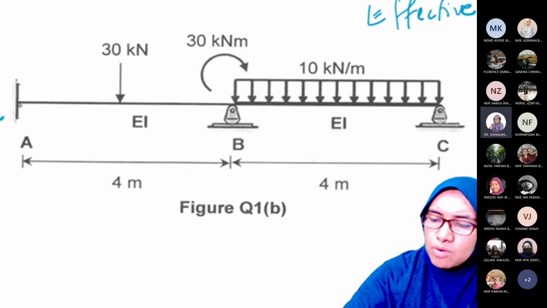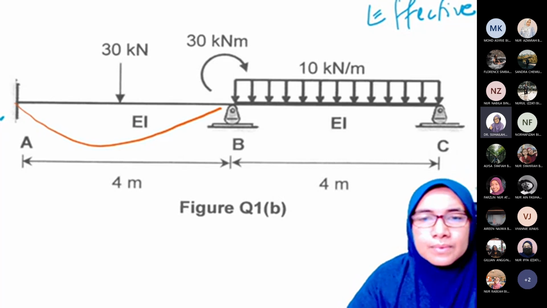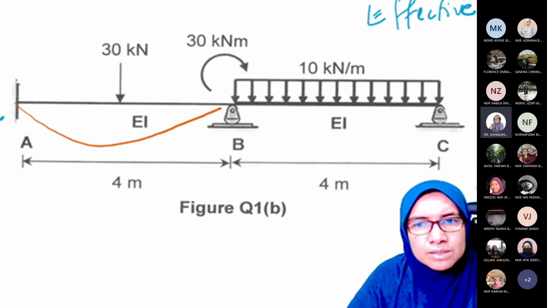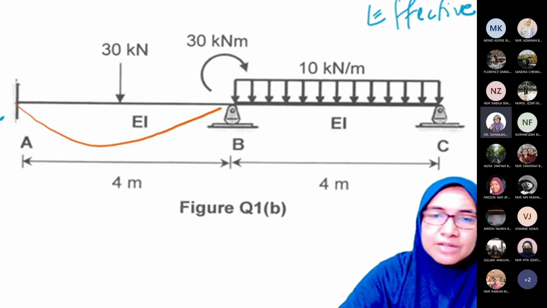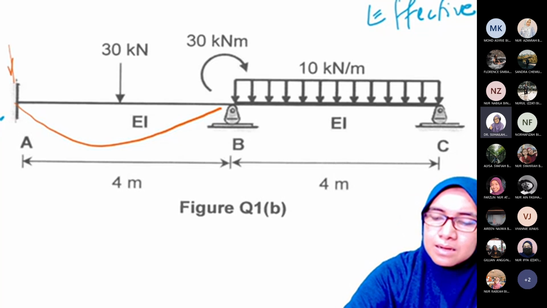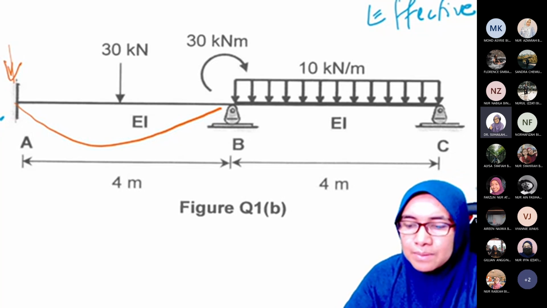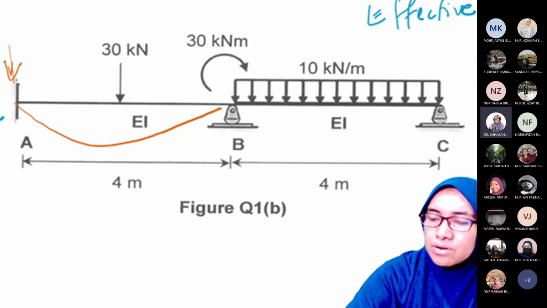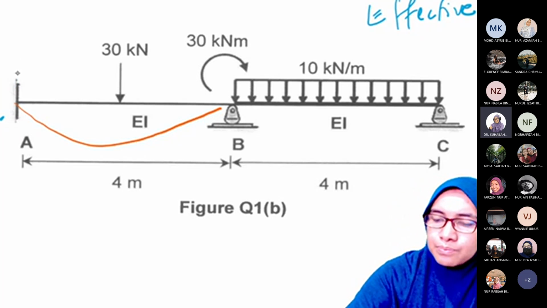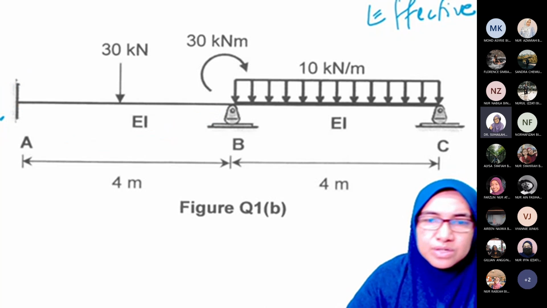Dekat A boleh draw macam ni ke? Boleh ke draw A tu macam tu? Tak boleh kan? Sebab kat sini fix. Tak boleh draw dia macam ni sebab fix between fix dengan roller tu dia 0.75. So we cannot put the deflection like this.